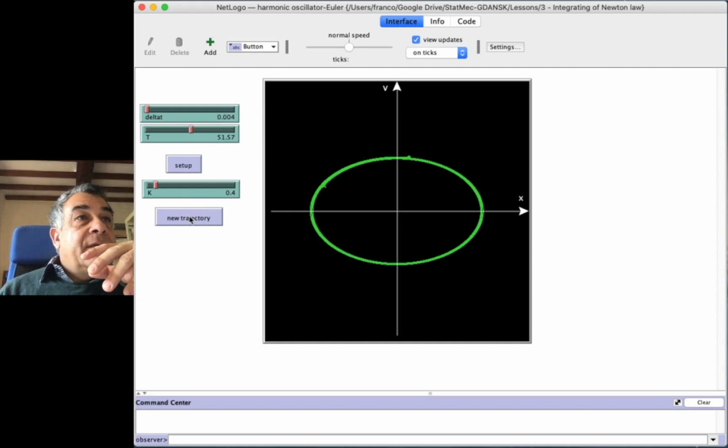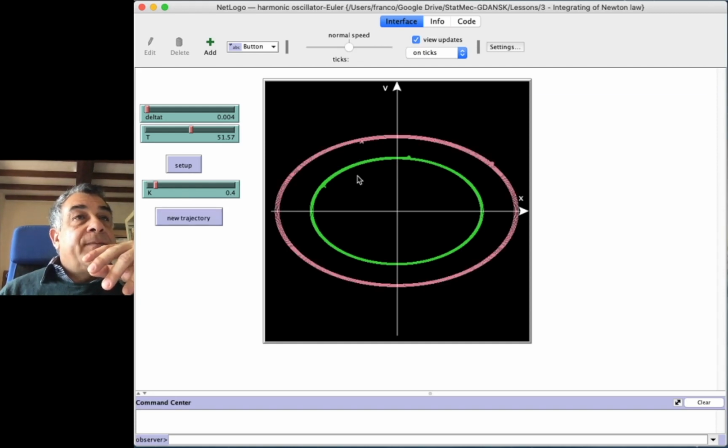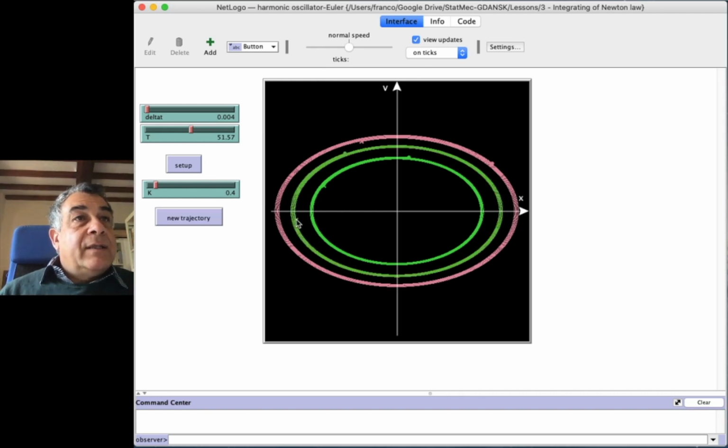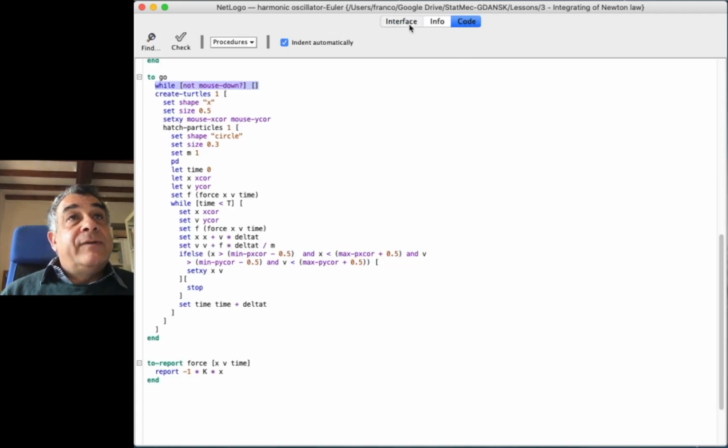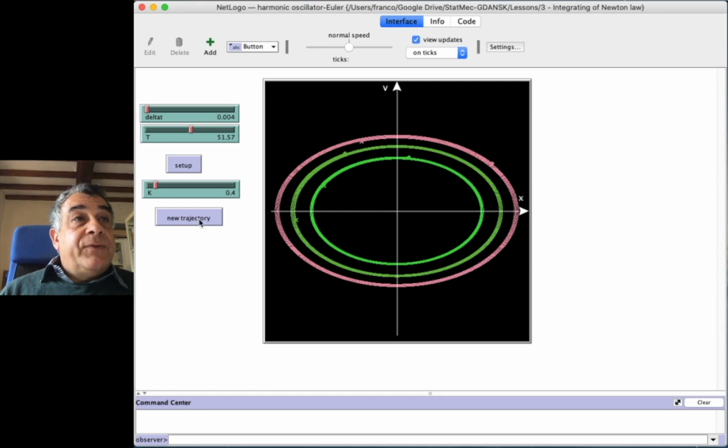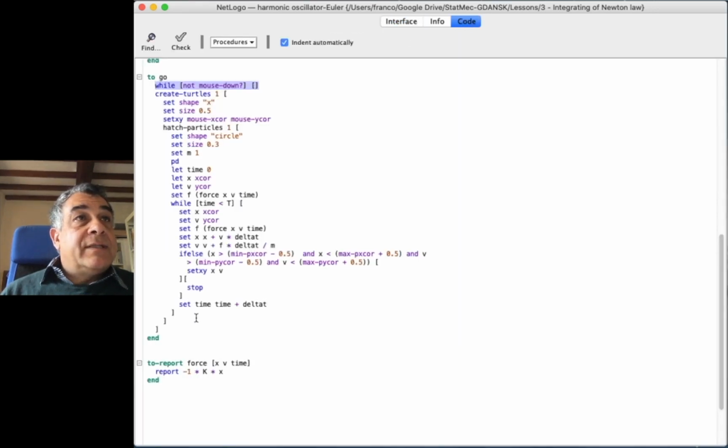So when I draw a trajectory, I just wait. You see that the cursor is waiting until I click. This is not the only possibility. I could also have done an infinite loop button and processed all this if mouse down. This is the alternative.